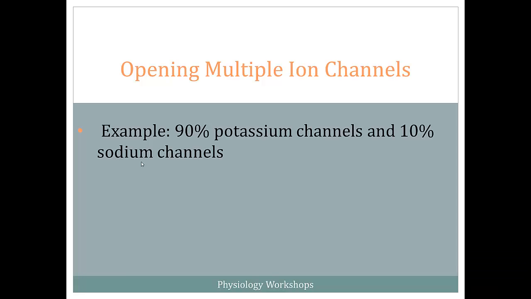Alright, so if we had a situation in a smooth muscle now, so let's draw our smooth muscle, which has negative 60 millivolts, and 90% of the channels are going to be potassium channels, and 10% are going to be sodium channels.